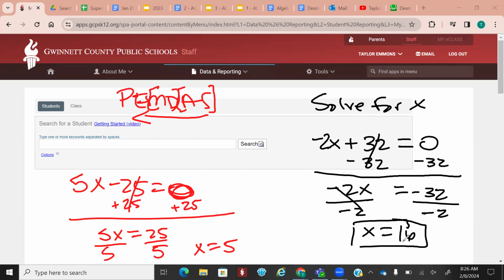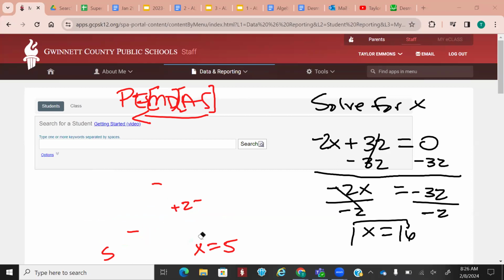If you are ever unsure about the negative situation, just plug it into your calculator. Okay. All right, let's try one of these. Okay. You try -3x minus 18 equals 0.